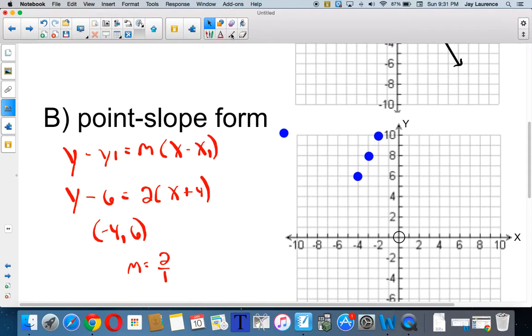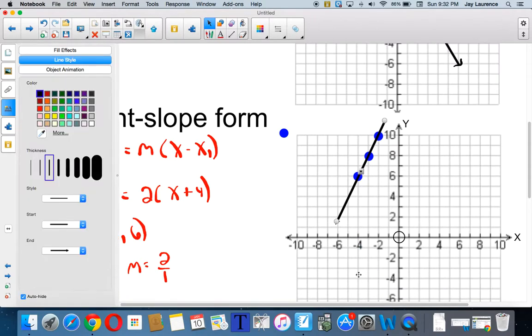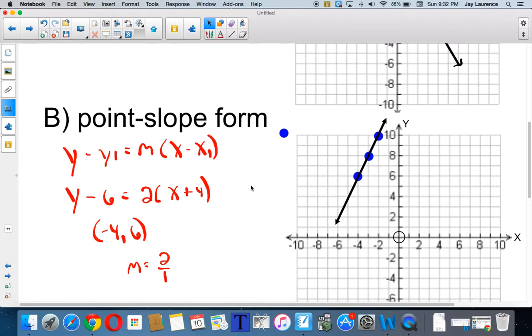All right, so get my line like that, and maybe I'll extend it a little bit. I'm sure there's a setting I could change, maybe the scroll rate or something, I'm not sure. Okay, so there's that point-slope form.